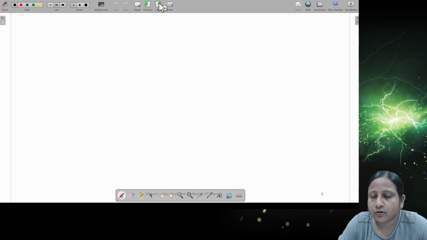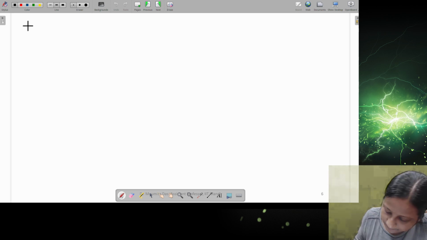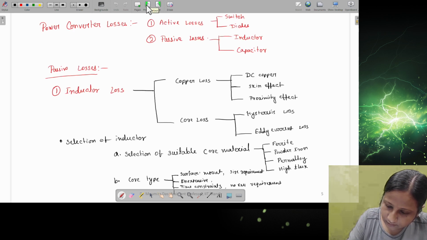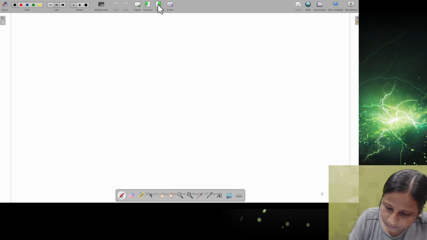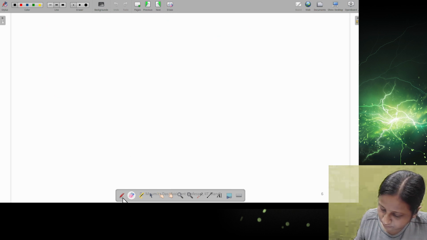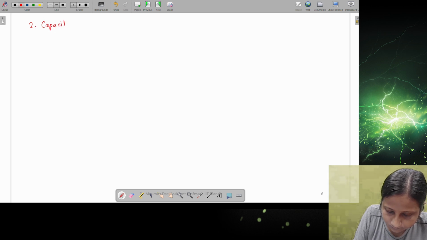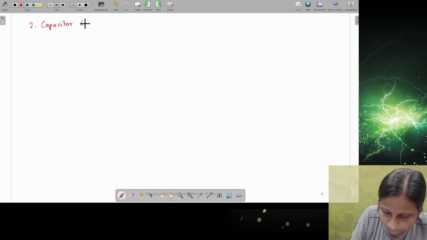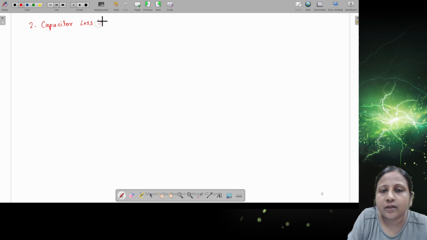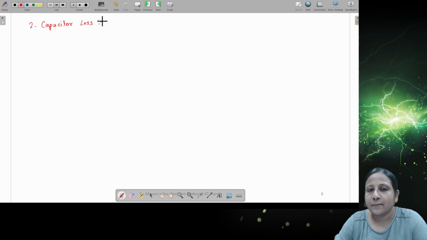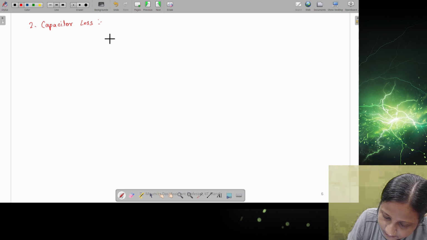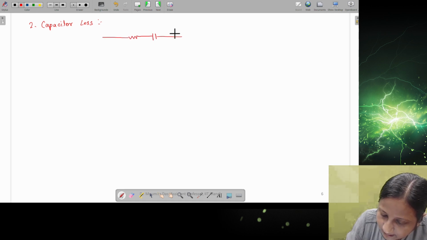Okay, so this is with respect to the magnetic component, the inductor present in the system. Another component is the capacitor. Capacitor losses. Generally when we consider a capacitor, we can represent it as a capacitor with some ESR.